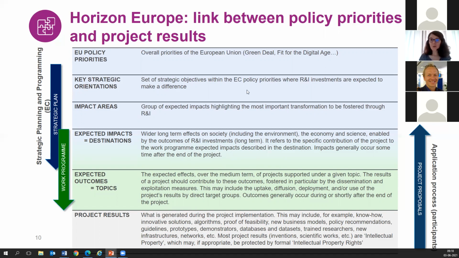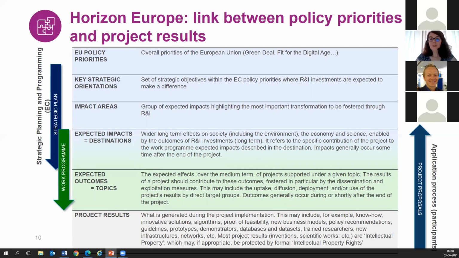On the basis of all these key and important EU policy priorities, a list of expected impacts has been identified in the work program at the level of the destination, meaning at the level of this chapter. And what are those expected impacts? They are a list of wider long-term effects on society, on the environment, on the economy, and on science that will be enabled by the outcomes of research and innovation investments.